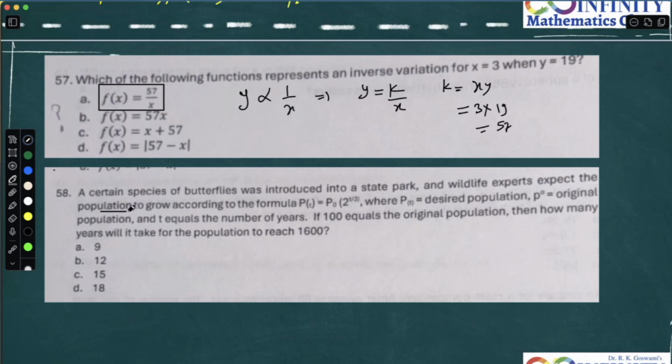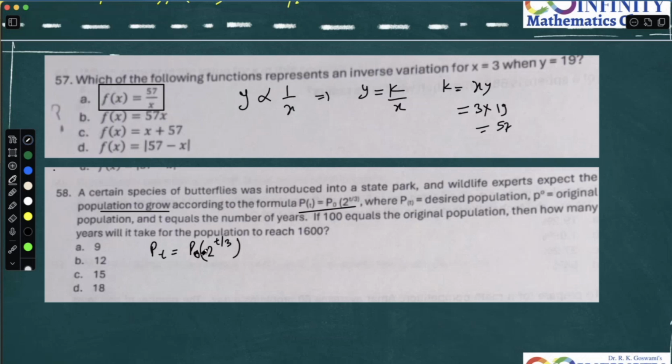It is a question based on the application basically, and the formula is going to be P(t) equals P0 times 2 to the power t by 3. This is the way of measuring the growth of the population. P0 stands for the initial population, t is the number of years.